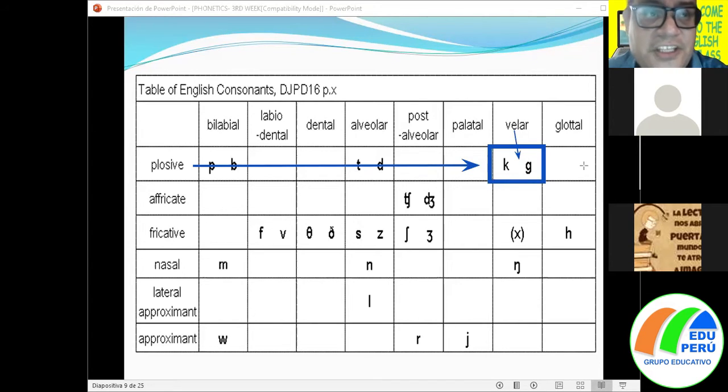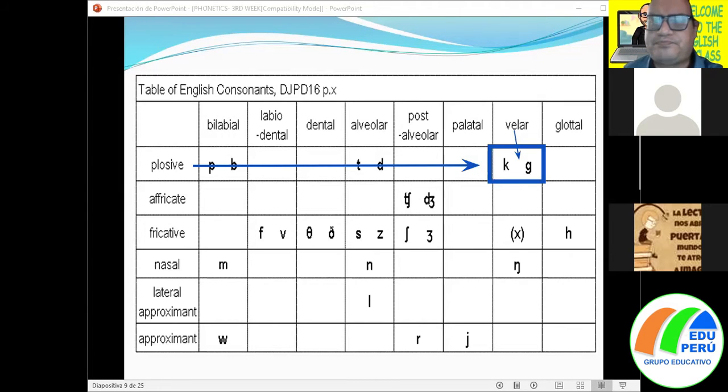All right. So these are two sounds. Not K, not G. K, G are the letters, but we are not talking about letters. Sounds. K, k, k, and the other sound with vibration, g, g, g. All right.